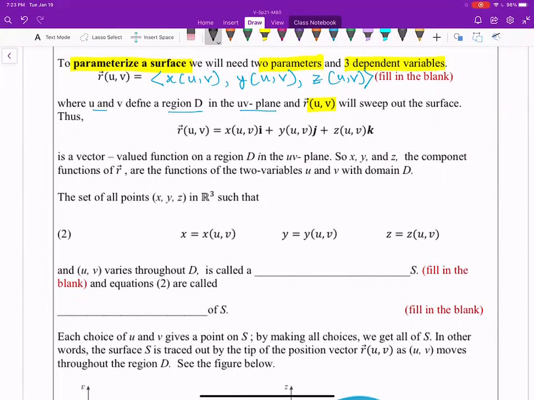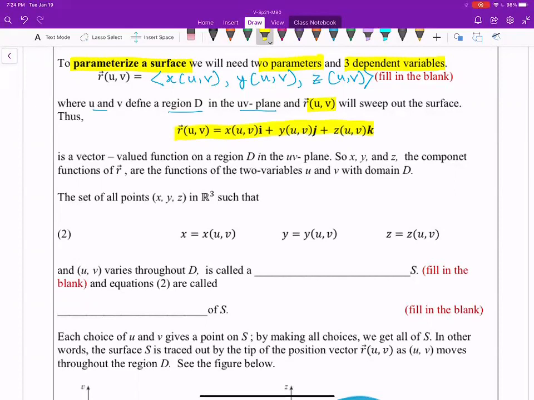Thus, r of uv written in component form can also be written as a vector in terms of the basis vectors ijk. So you can write r of uv as x of uv i plus y of uv j plus z of uv k.